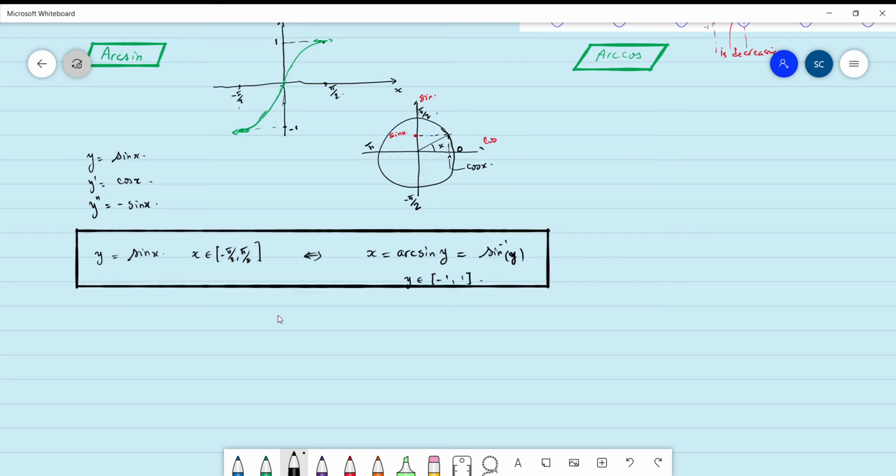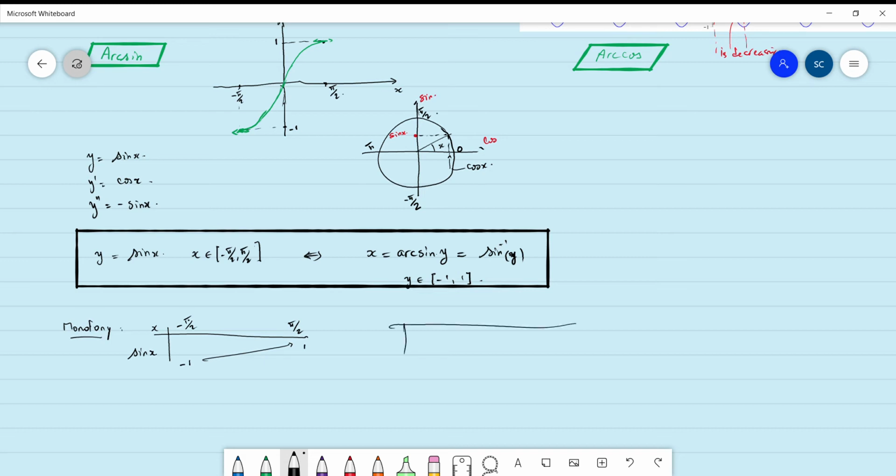Now let's deduce monotony and other information. Let's compare with sine x, restricted to minus pi over 2, pi over 2. We said it is an increasing function, taking values minus 1 to 1.